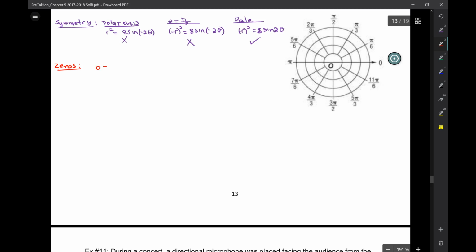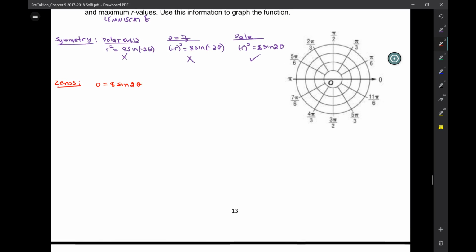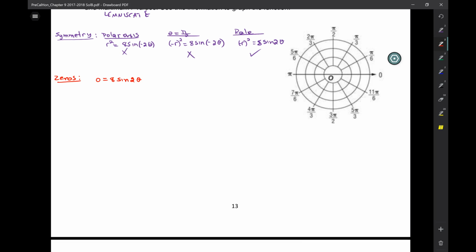Okay. Zeros. We're going to say the function is equal to 0. So where is sine equal to 0? At 0 and pi and all that good stuff. Like, r is plus or minus the square root of 8 r is 0. Are you talking about the zeros? For the zeros, you set the function to 0, so whether it's squared or square rooted, it wouldn't matter.